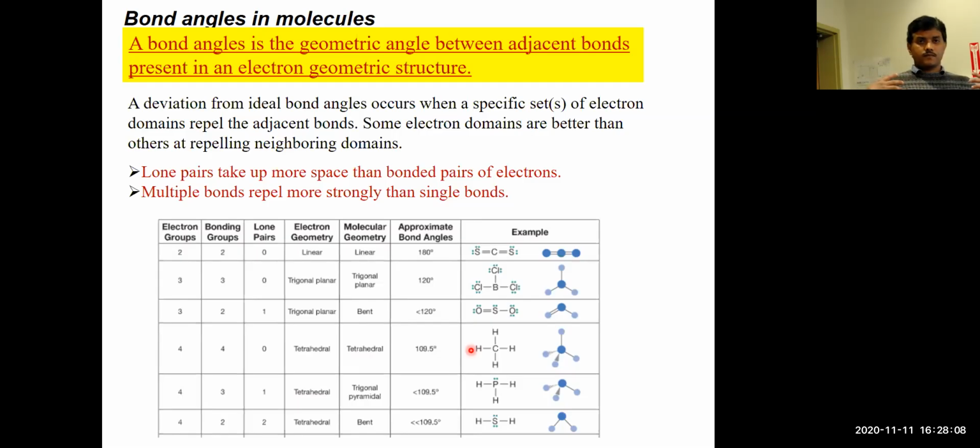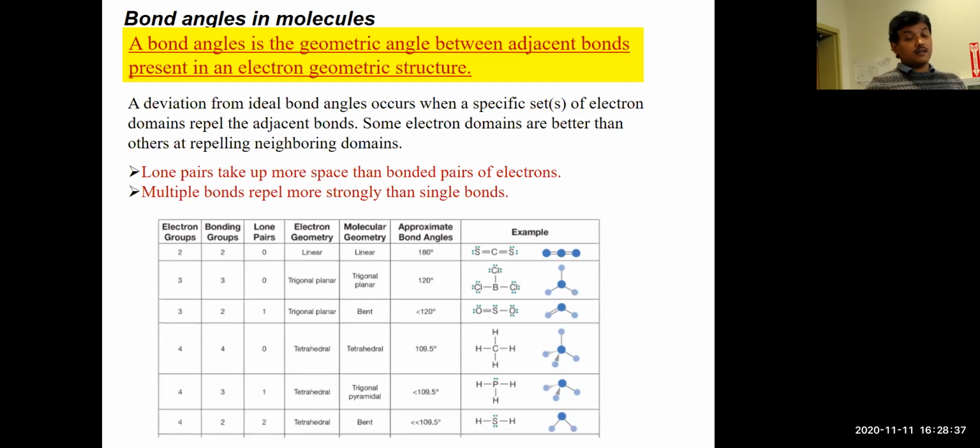All right. What is a bond angle? A bond angle is a geometrical angle between the adjacent bonds present in an electron geometric structure. That's very important. Read that again, the information that is highlighted. A bond angle is the geometric angle between adjacent bonds present in an electron geometric structure.